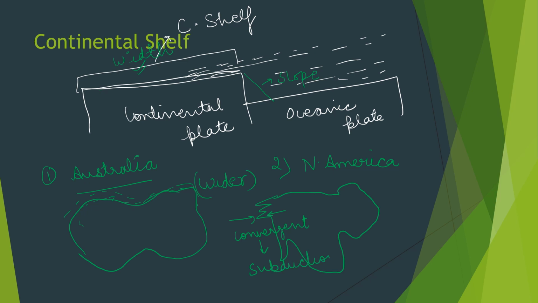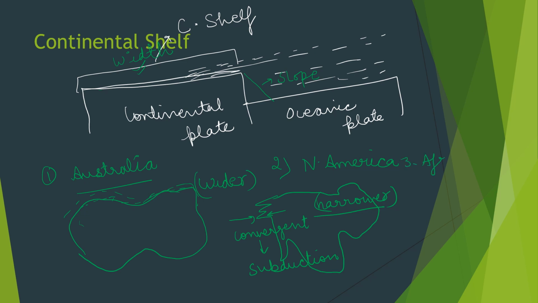As the sediments are being subducted under the earth and lead to the formation of a very huge mountain range, the Rockies here, the width of the continental shelf here is very much narrower. In the case of North America, it is narrower as the sediments were already subducted here and led to the formation of very huge mountain ranges. Those are the Rockies here.